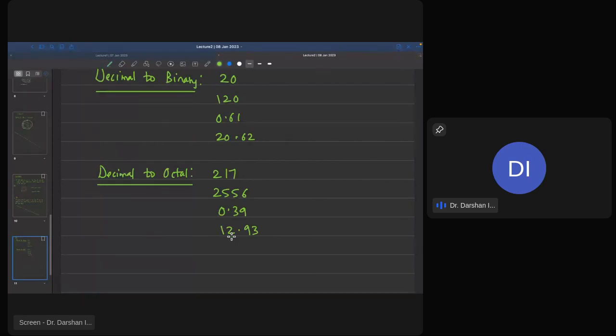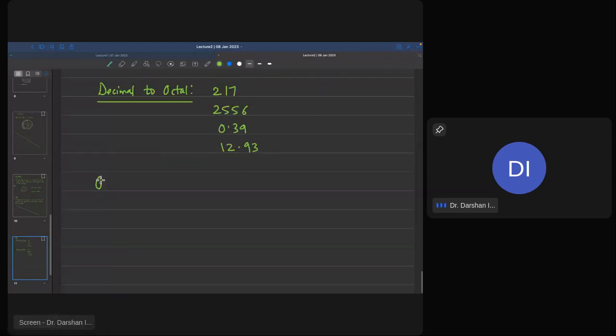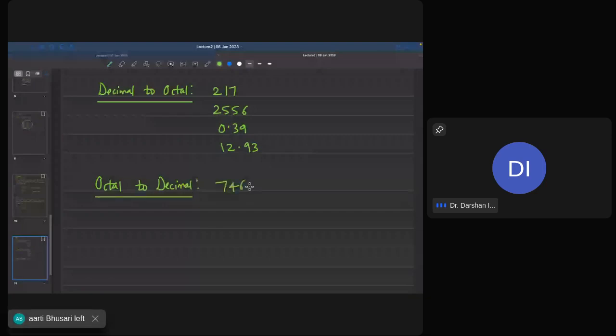The next is octal to decimal, 746, 0.123. You have to multiply it by 8 raised to 0, 8 raised to 1, 8 raised to 2, 8 raised to minus 1, 8 raised to minus 2.